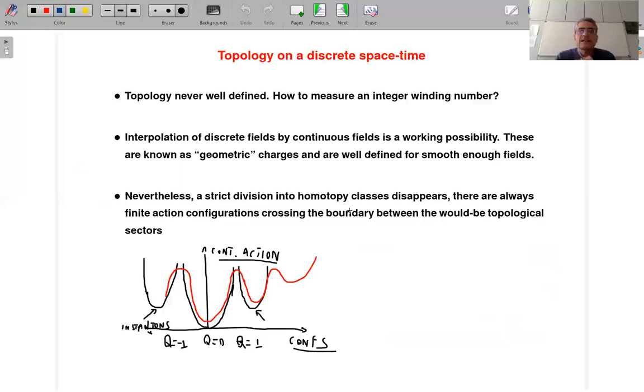Yes, exactly. You can imagine deforming a gauge field, but if you try to change topological sector, in some sense you have to cut the gauge field at some point, to change the winding number, and in this way you go through some infinite action configuration. Okay, what do you mean by cutting a gauge field?